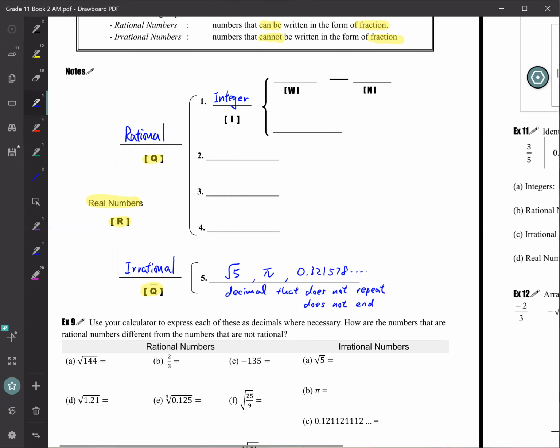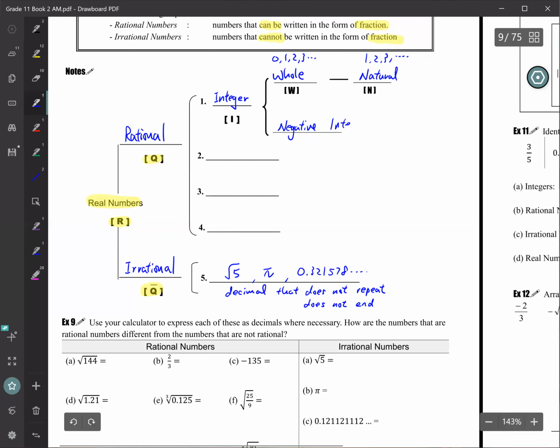Starting from 0, so it's part of the integers. Inside the whole numbers, we have a smaller group called the natural numbers, which start from 1, 2, 3. Everything other than that will be the negative integers. So that's the integer part.